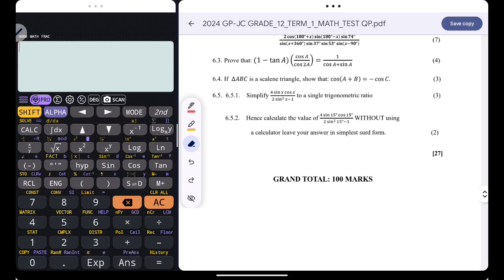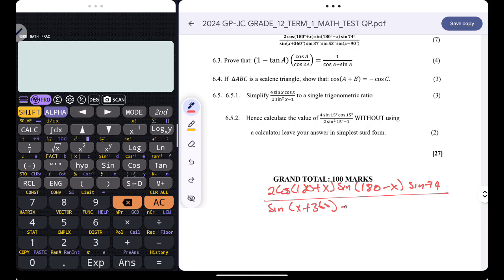We're given 2 cos of (180 plus x) sine of (180 minus x), and then sine 74, all over sine (x plus 360) and sine 37 multiplied by sine 53 and sine of (x minus 90).